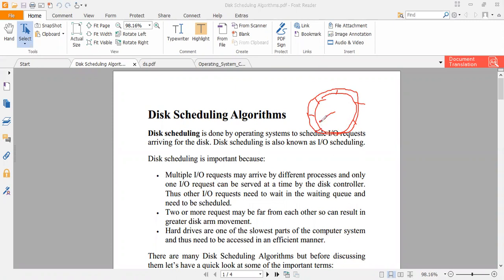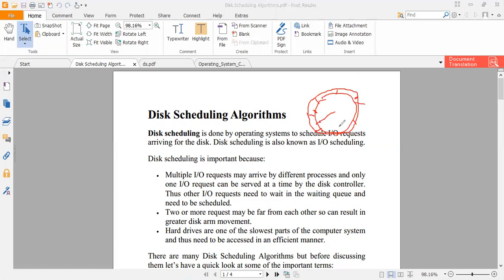Suppose the head is currently reading the data from this location. Now, what will happen if it has to next service the request at this location? Then it has to move a lesser distance, or we can say it will read the data in lesser time rather than reading the data from here.